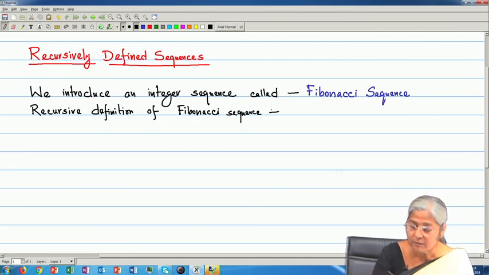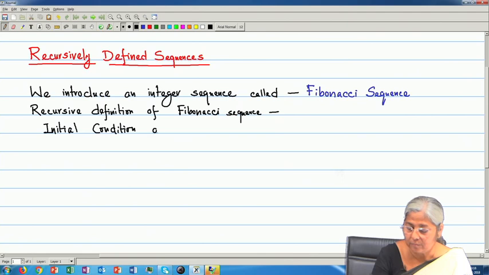For the Fibonacci sequence, the initial conditions are f0 equal to 0, f1 equal to 1, where f represents the Fibonacci sequence.